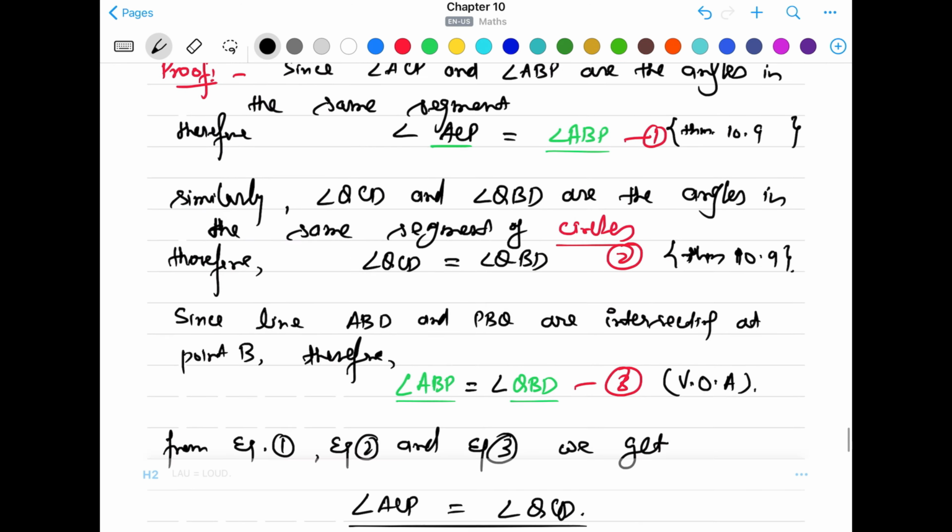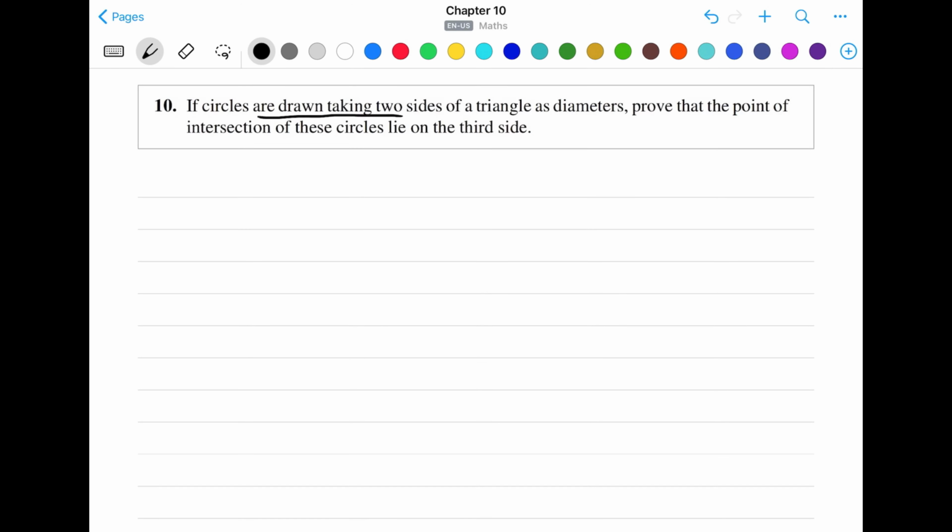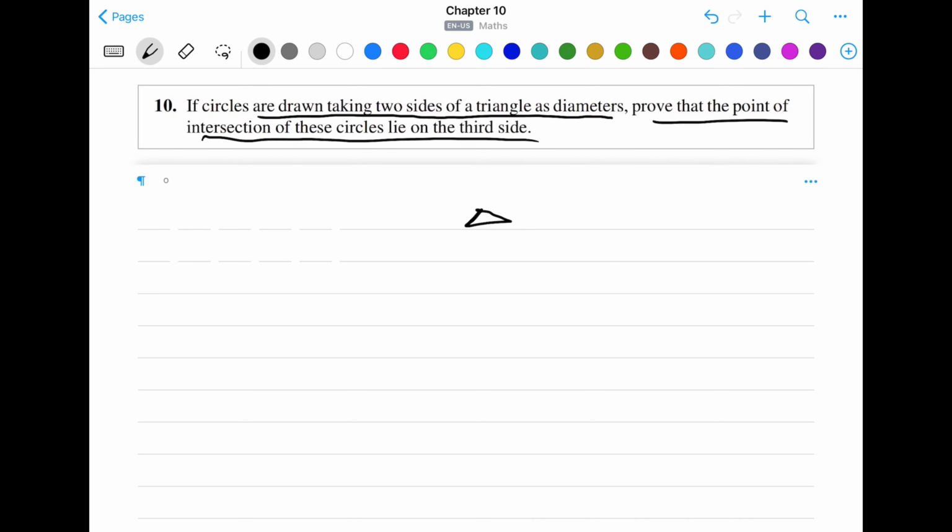So that's the solution for question number 10: if circles are drawn taking two sides of a triangle as diameter, prove that the point of intersection of the two circles lies on the third side. Suppose we have this triangle, and by taking this side as the diameter we can draw a circle here and a circle here.